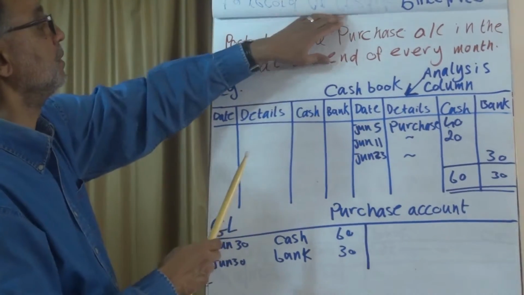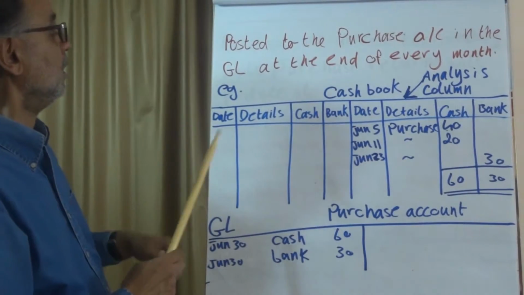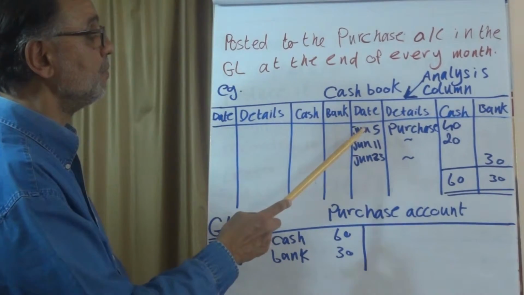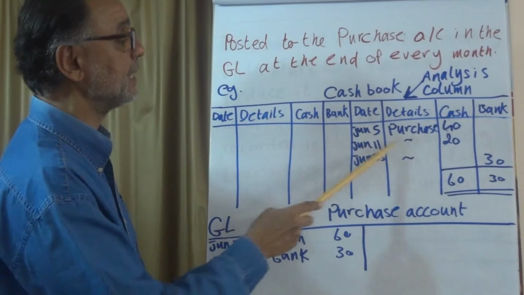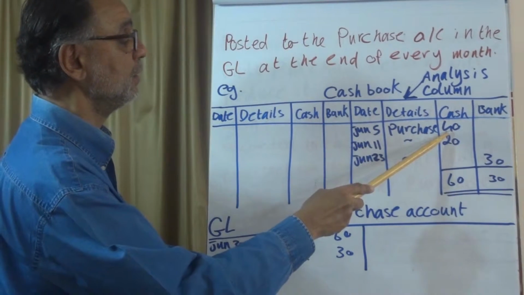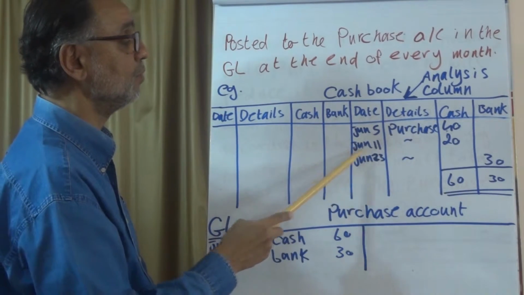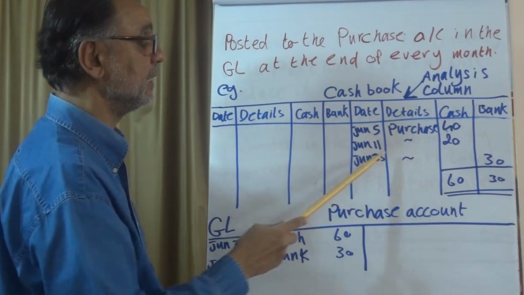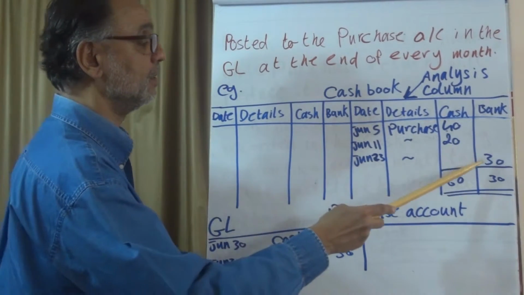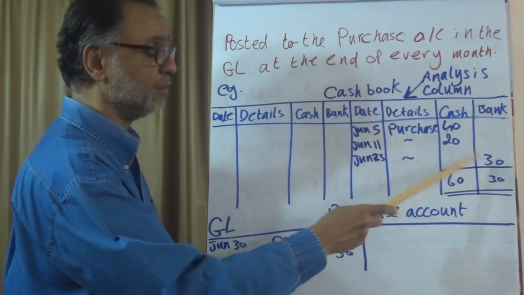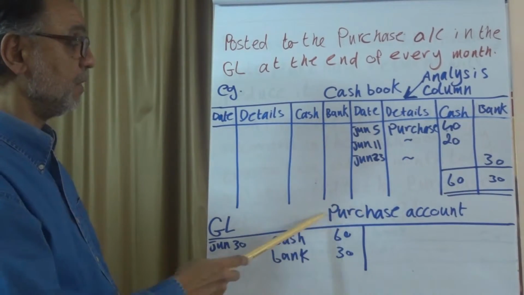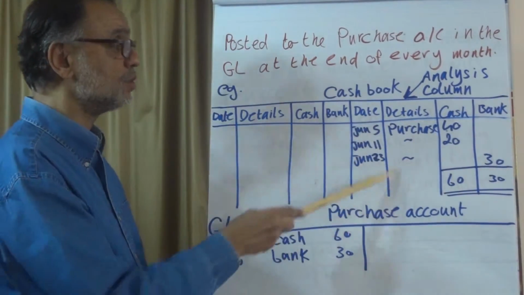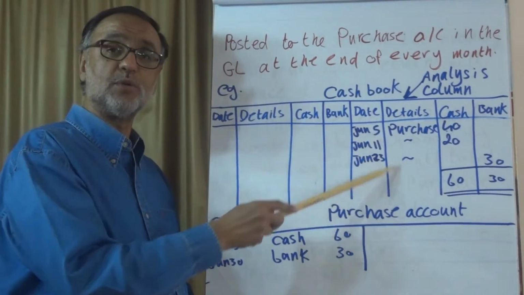Let's see this example. In the cash book, we have a cash purchase in cash of $40, and on June 11 we have a $20 cash purchase, and on June 23 we have paid through the bank for $30 of purchase. If you look at the purchase account, this column is considered the analysis of cash purchases.